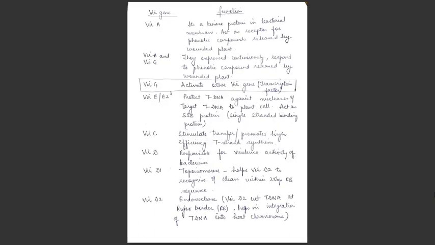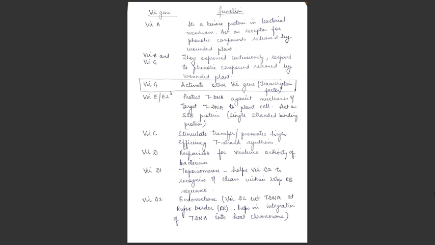So this is the chart in which various types of Vir genes along with their functions are discussed. Like the Vir-A gene, it is a kinase protein in the bacterial membrane and acts as a receptor for phenolic compounds released by the wounded part.